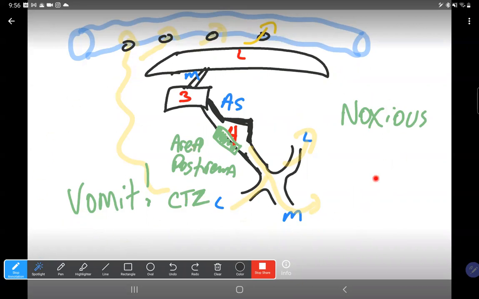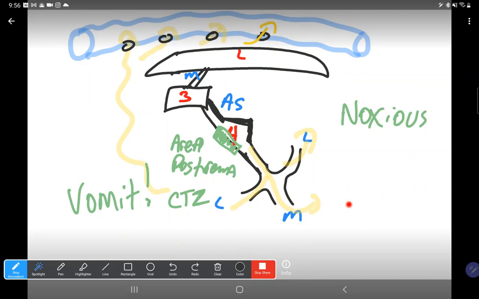And from there it goes up through the arachnoid granulations and empties into the venous system.